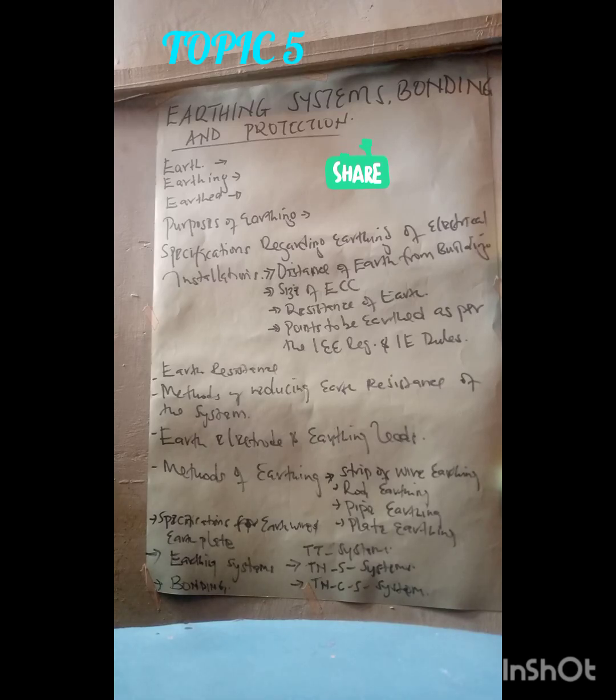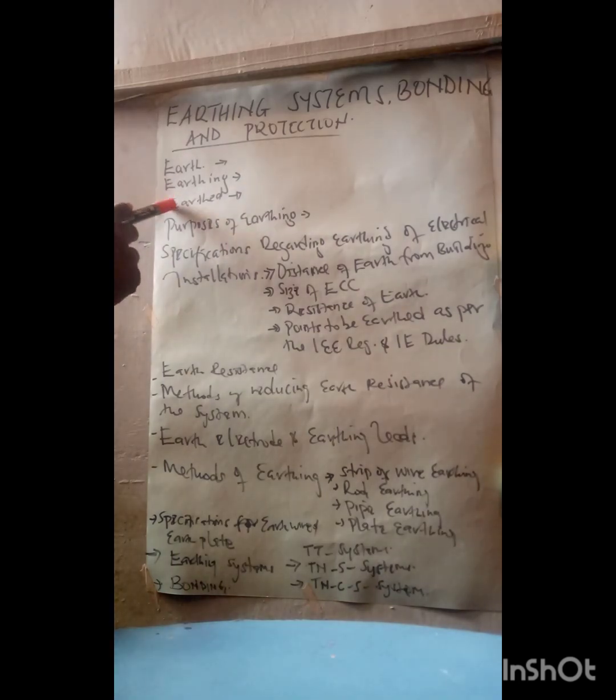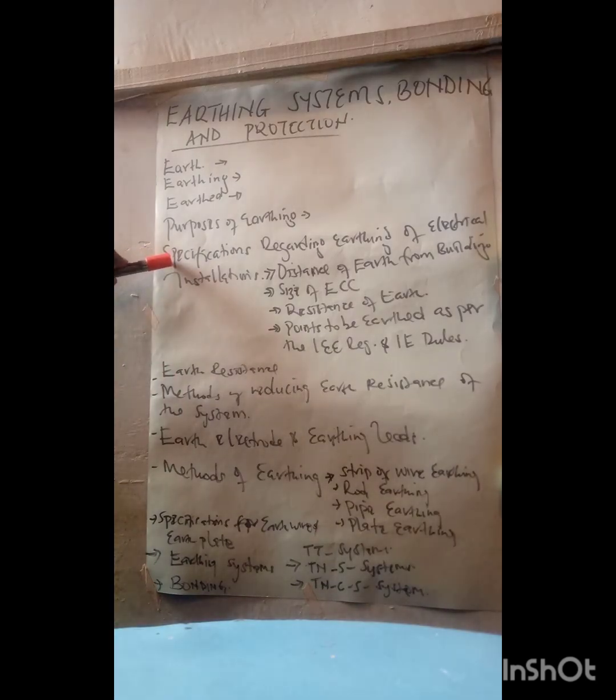And in this topic, we shall start with the introduction or definition of different terms involved. So the first term is earth, earthing, earth. Then we'll go to purposes of earthing. Then we'll go to specifications regarding earthing of electrical installations.